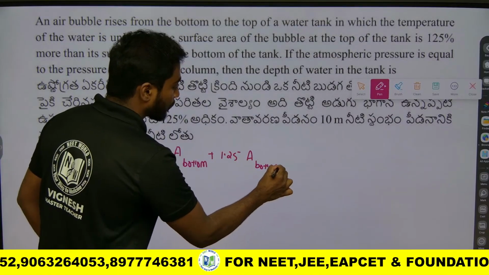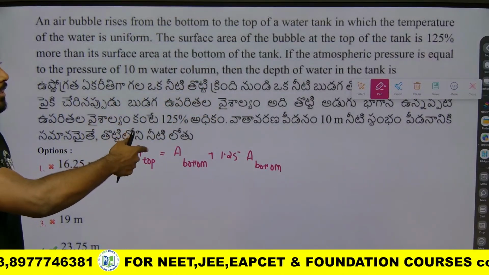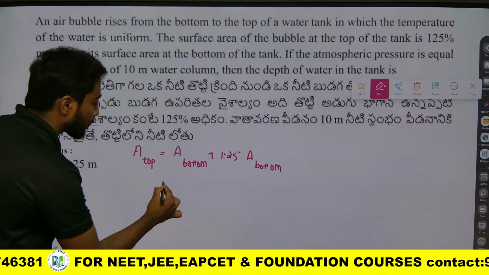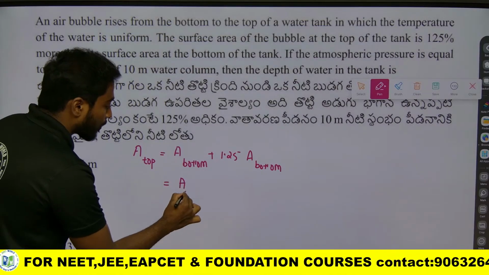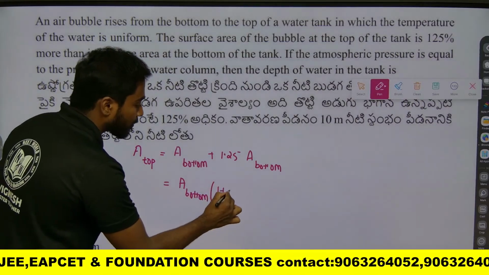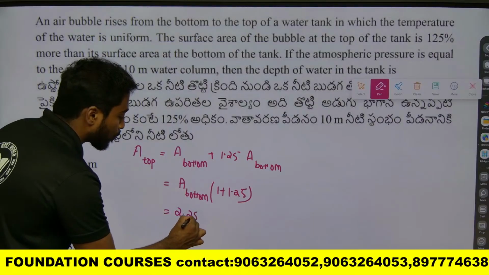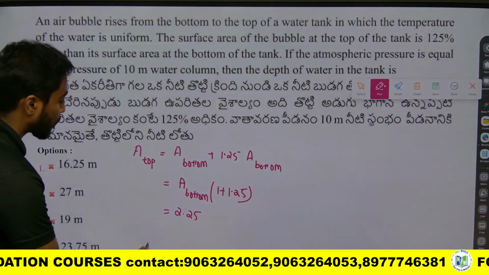This is the given term. So from this I can write A bottom can be taken out commonly, which is 1 plus 1.25, which is nothing but 2.25, right? 2.25.